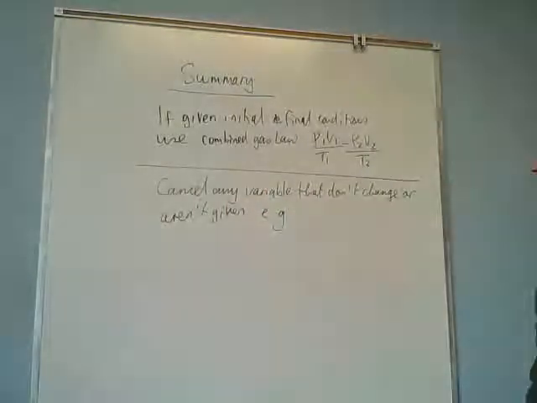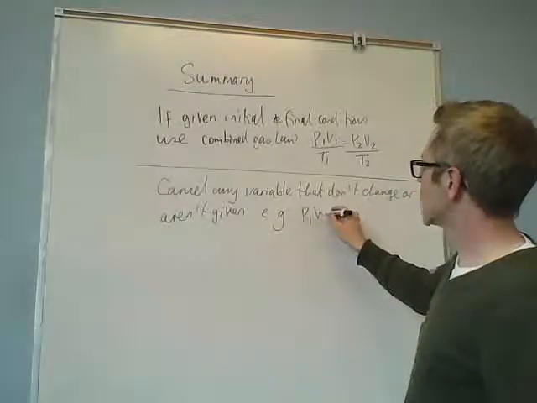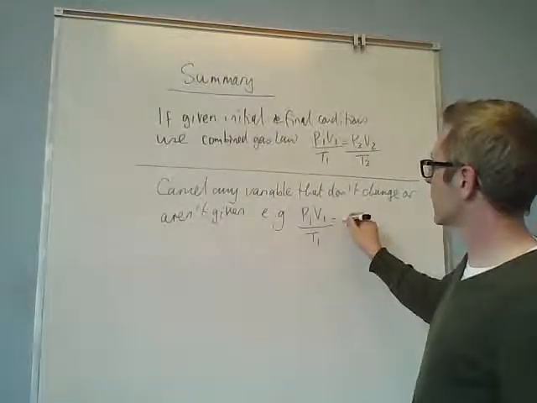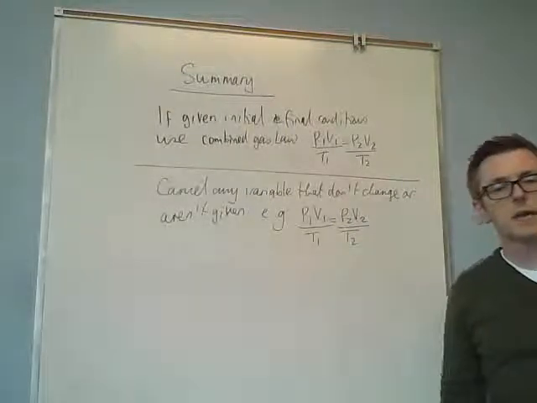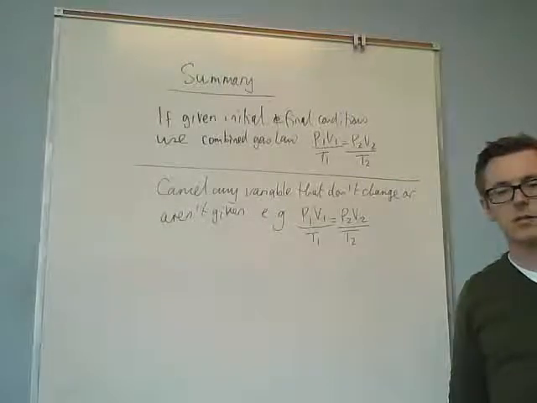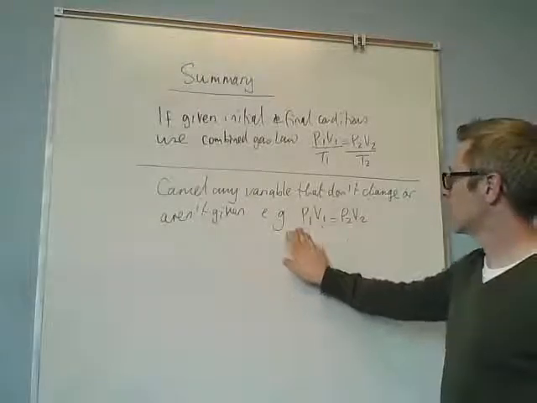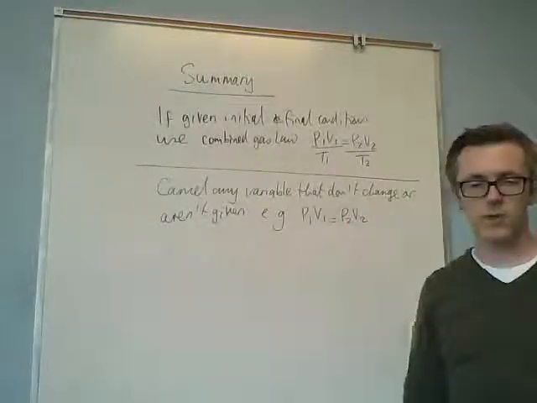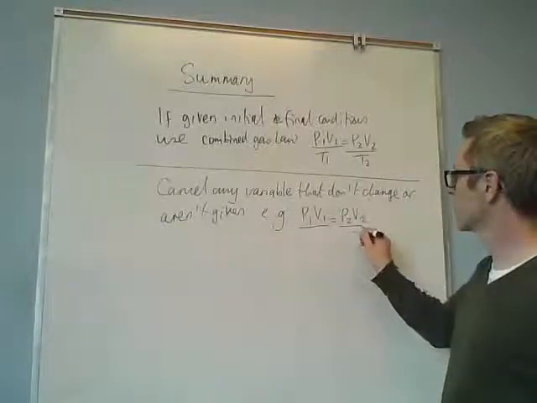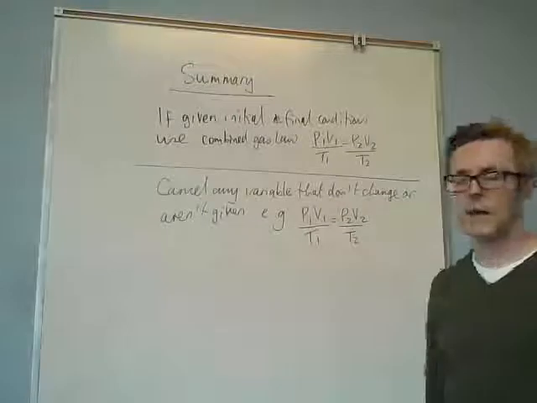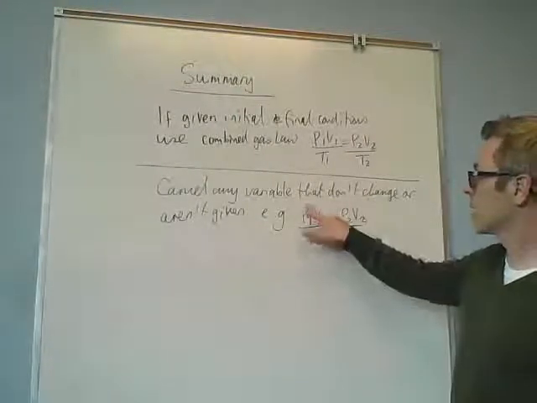So for example, let's say you're given initial and final conditions. So you immediately write this down. Let's say you're told that the temperature is constant. If the temperature is constant, ignore temperature. So this then becomes a Boyle's law question. Let's say you're told that the pressure is constant. Ignore pressure.